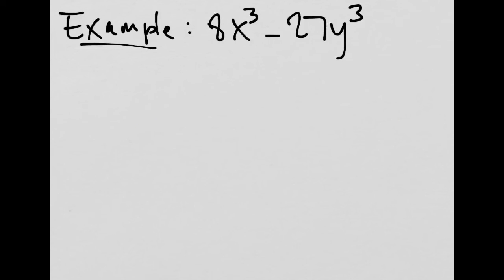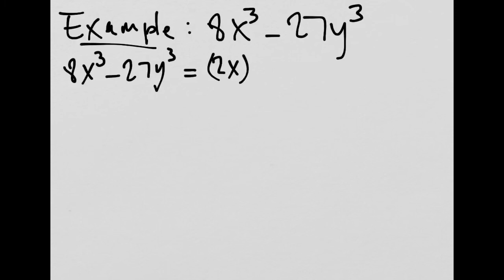Finally, let's look at the example of factoring 8x cubed minus 27y cubed. 8x cubed minus 27y cubed can be written as 2x quantity cubed minus 3y quantity cubed.